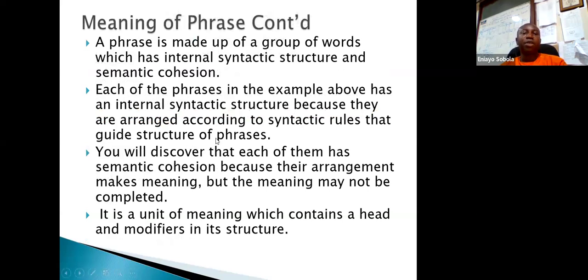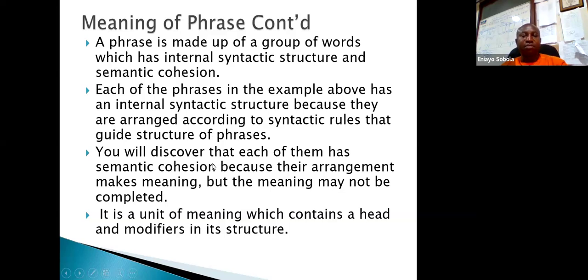So we say a phrase is made up of a group of words which has internal syntactic structure and semantic cohesion. So what we simply mean here is that a phrase must have internal syntactic structure. That has to do with the arrangement of elements that make up the phrase. They are arranged according to syntactic rules that guide the structure of phrases.